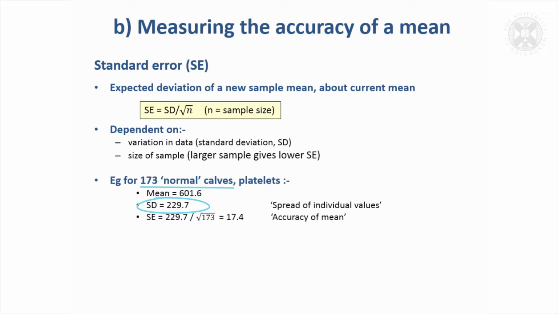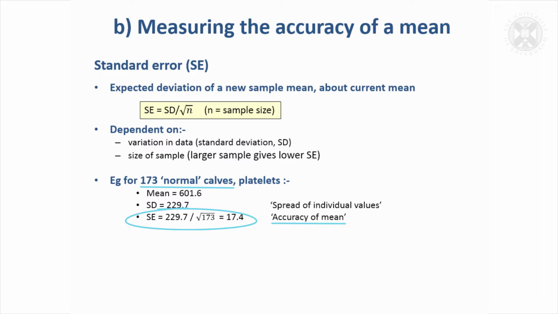And so this mean is very much a measure of central location. It's not the value that all your data are going to take by any means. But you want to know how accurate that mean is, or you might be more interested in how accurate the mean is rather than how variable the individual values are. So that's obtained by the standard error.